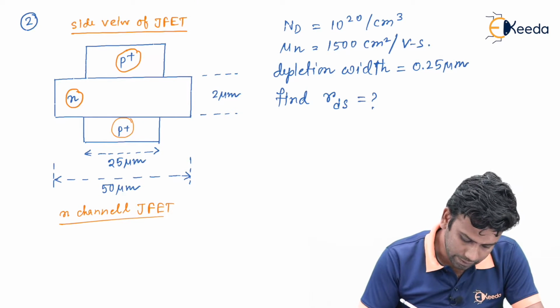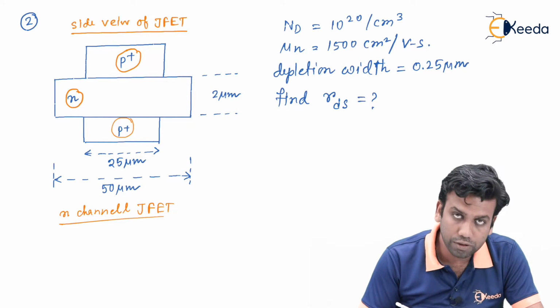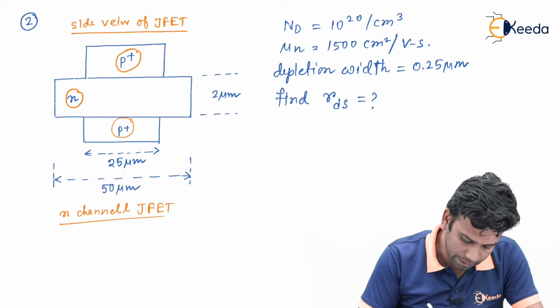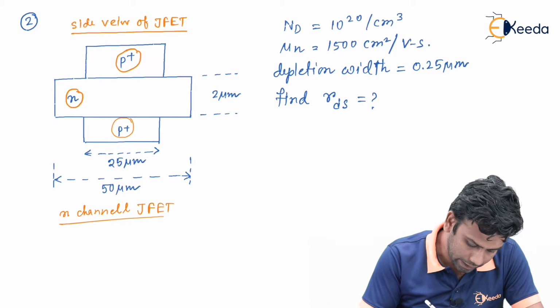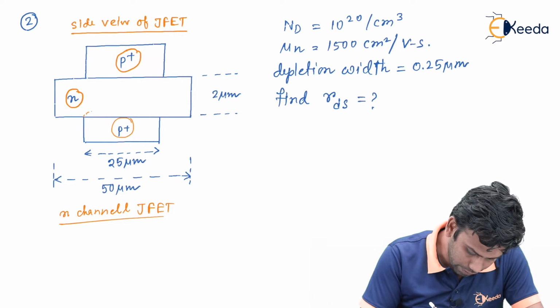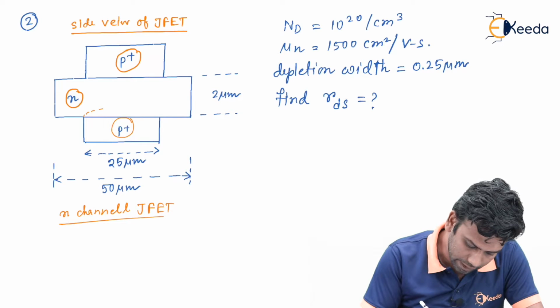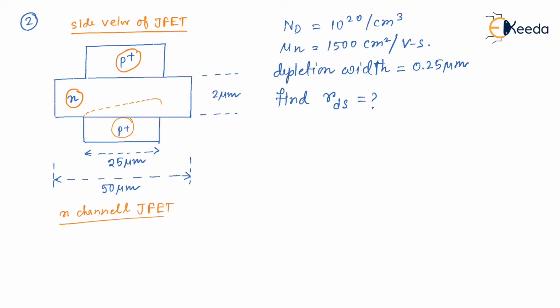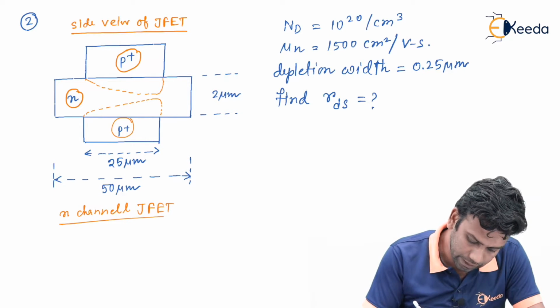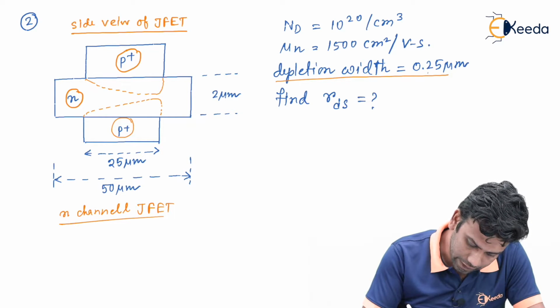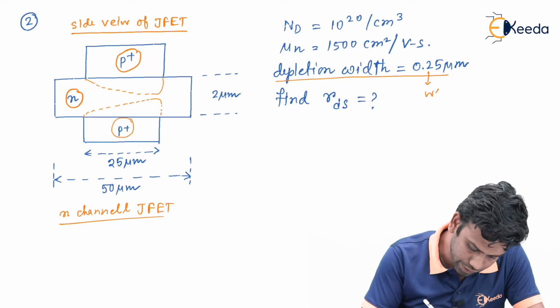Now we also know that this P plus region will produce a depletion layer, and the depletion layer can look like this. The width of the depletion layer has been given, so let us denote it as W dash.